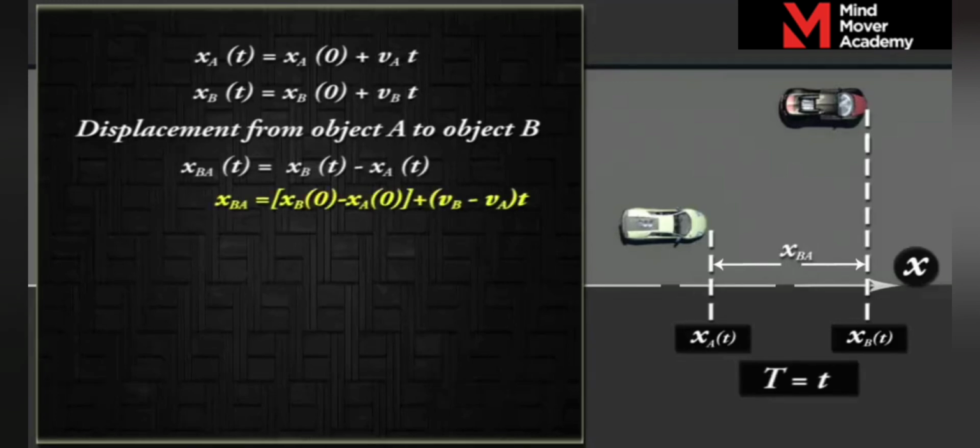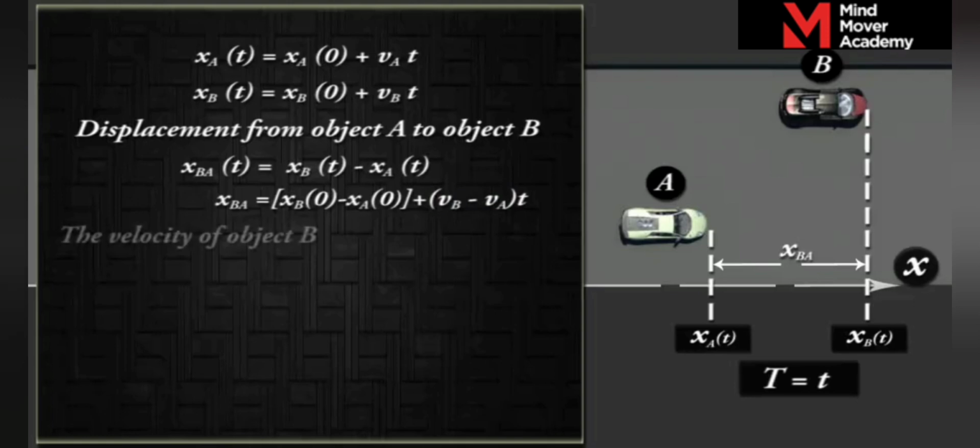The above equation is easily interpreted. It tells us that as seen from object A, object B has a velocity VB minus VA, because the displacement from A to B changes steadily by the amount VB minus VA in each unit of time.